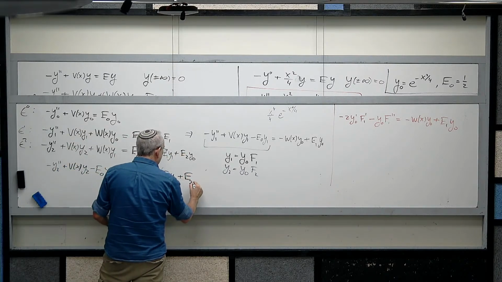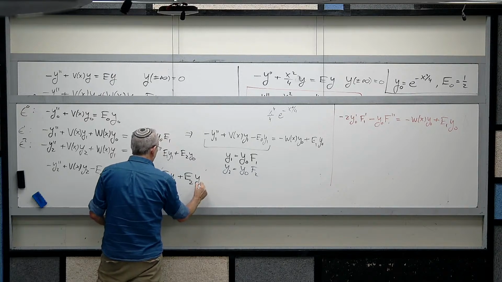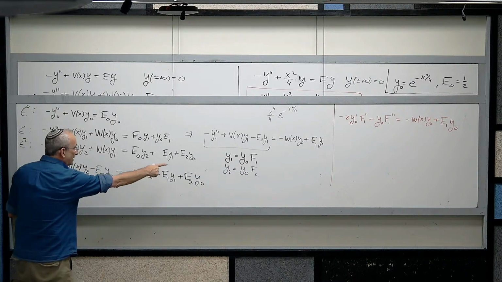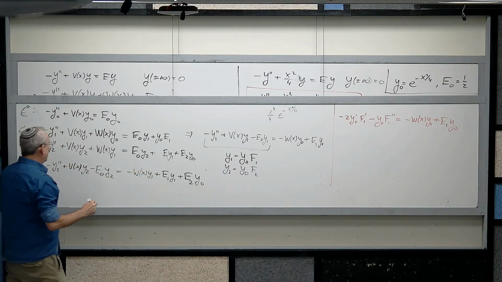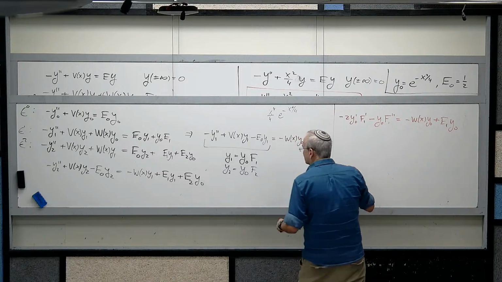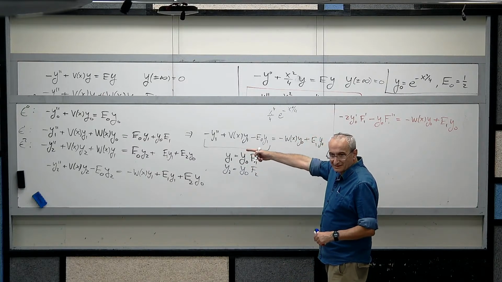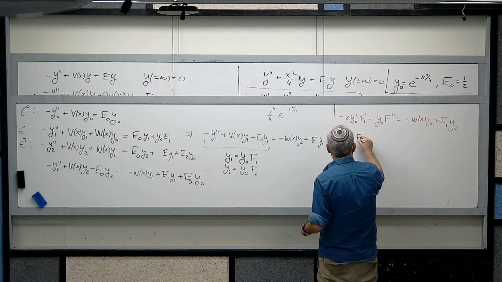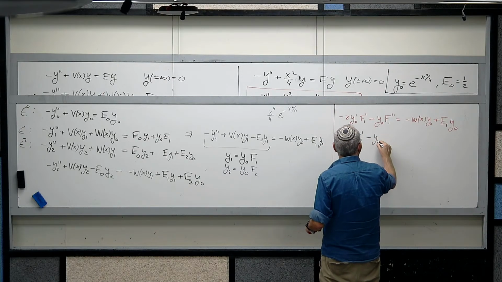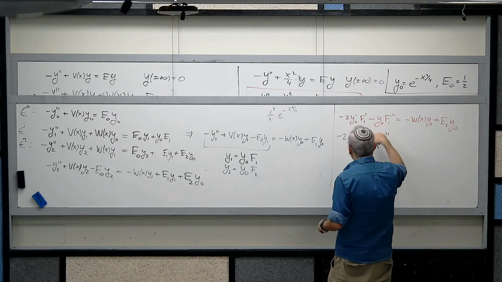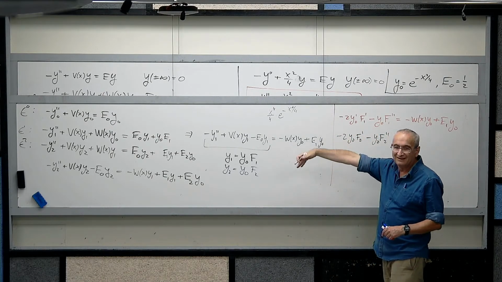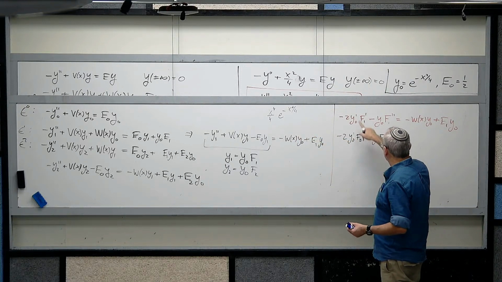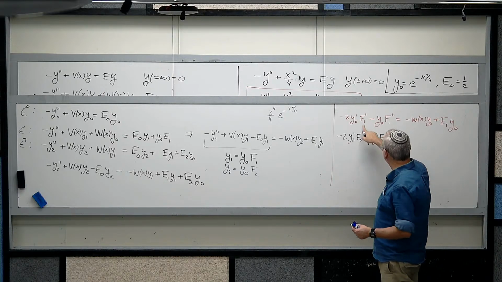Plus e2 y0. Yes? And again, if I'm writing y2 as y0 times f2, I will plug it in with the same trick. So I will get minus 2 y naught prime f2 prime minus y naught f2 double prime. It's just replacing y1 by y2 on the left hand side, exactly the same, just replace the 1 by 2.